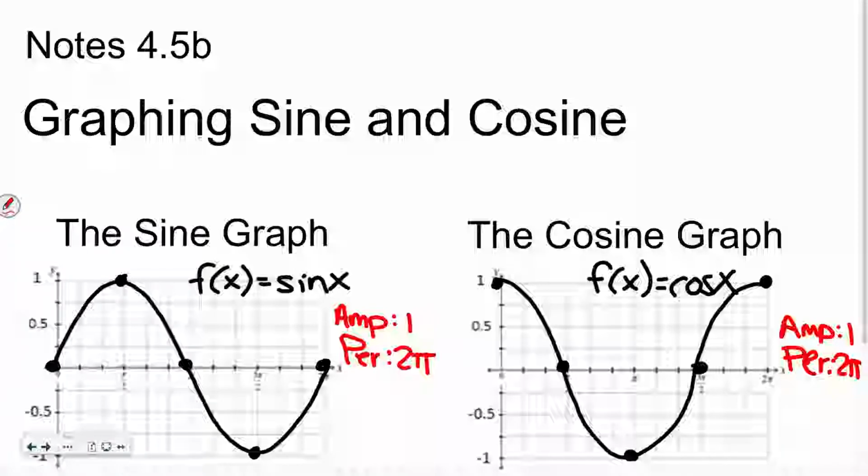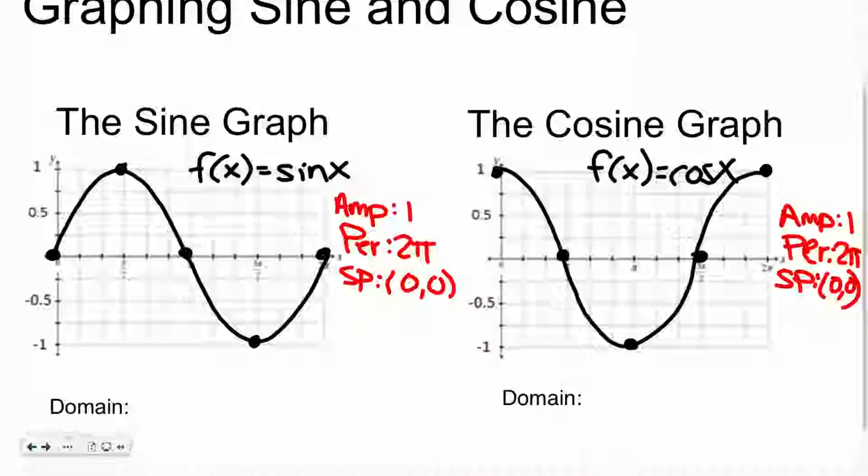And if you're looking at f of x equals cosine x and f of x equals sine x, if we wanted to add in starting point, we would say there is no horizontal or vertical shifting, so the starting point is at 0, 0. Okay? So those are the basic graphs.